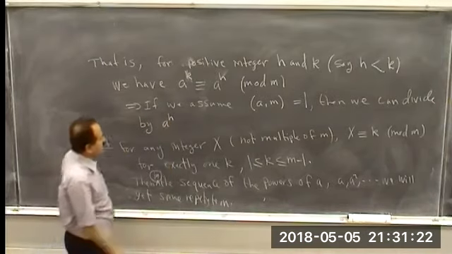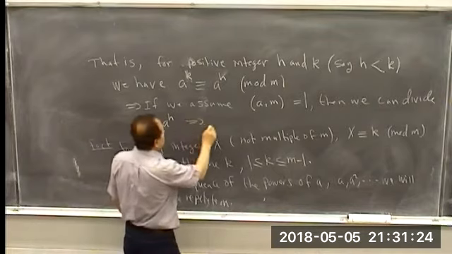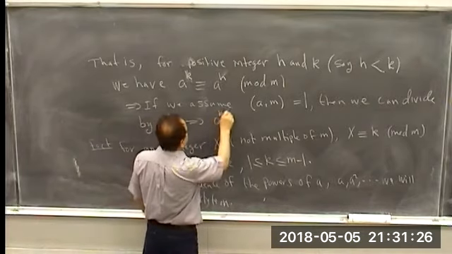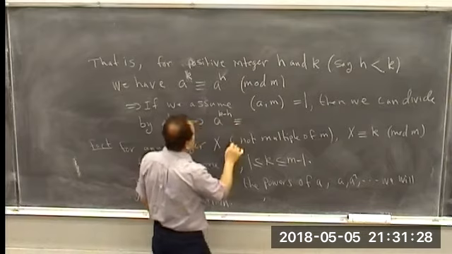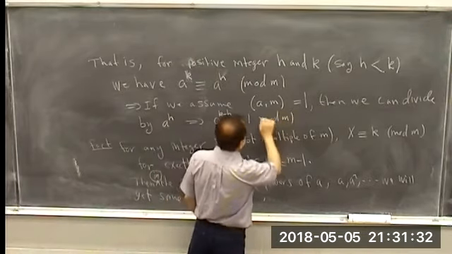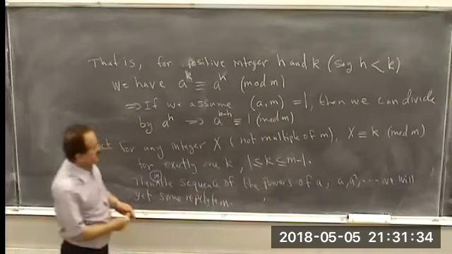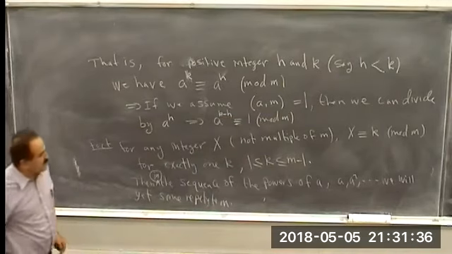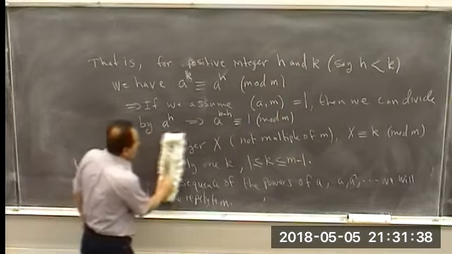This implies A to the k minus h is congruent to 1 mod m.